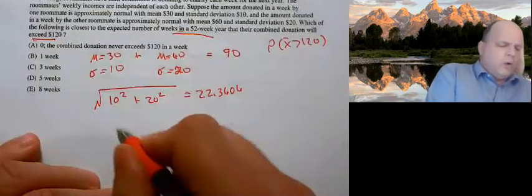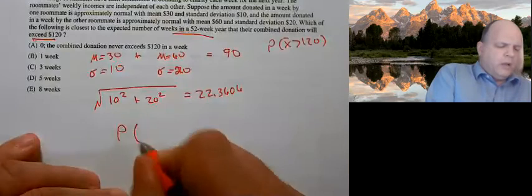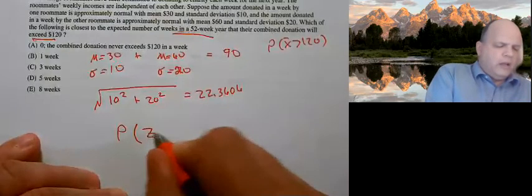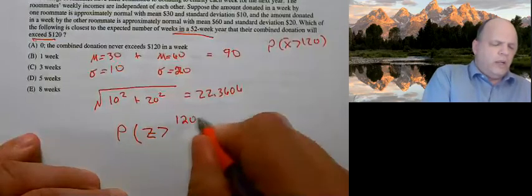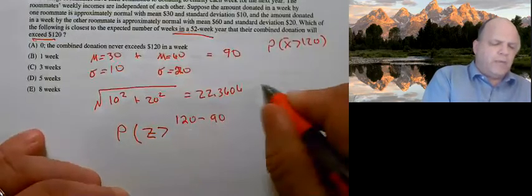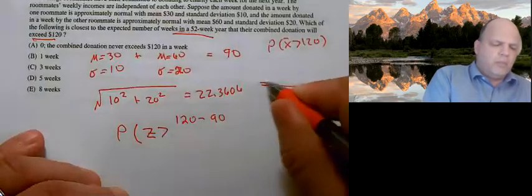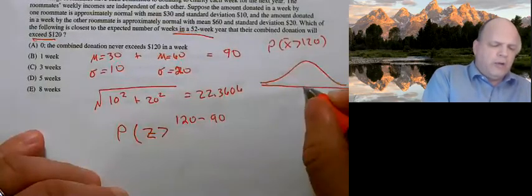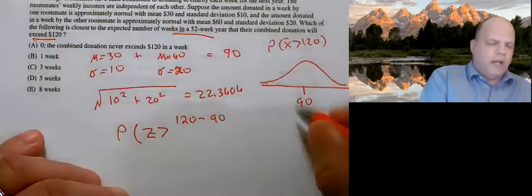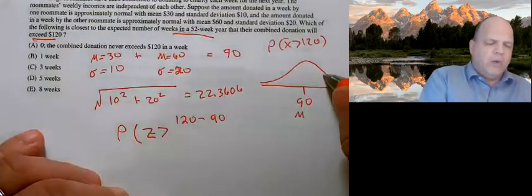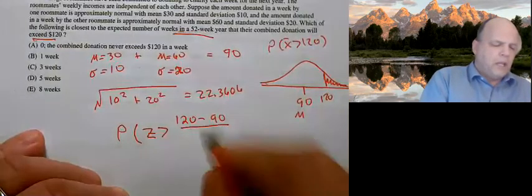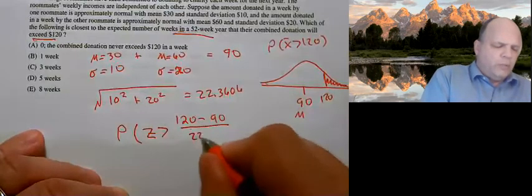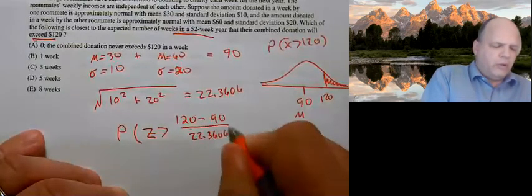So what is the probability that Z is greater than 120 minus 90? You know what? I should back up for just a moment. Here is their combined mean. That's their combined population mean. We want to know what's the likelihood that it's 120 or more, so over 22.3606.